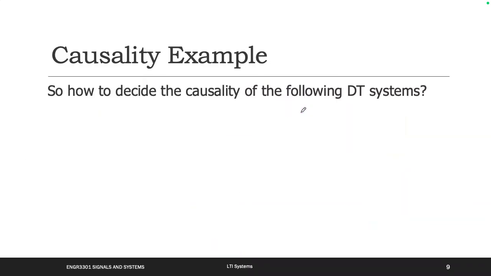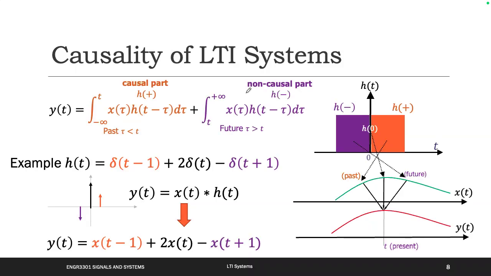Okay, let's check an example. So, how do we decide the causality of the following DT system? Yes. How about this one? This is h(t), your impulse response. Yeah, you can see for any LTI system, if you want to decide whether this system is causal or not, it does not depend on x(t).